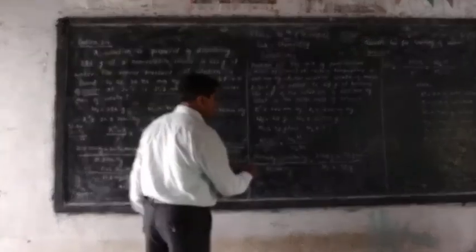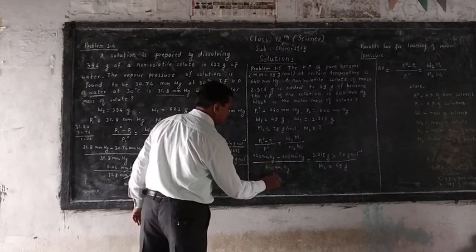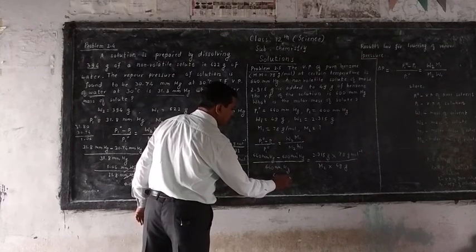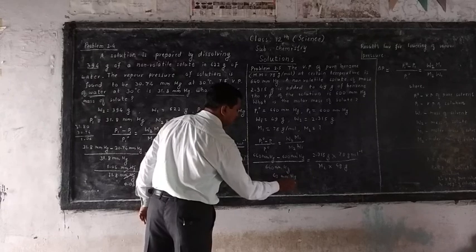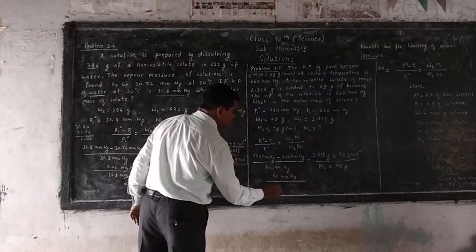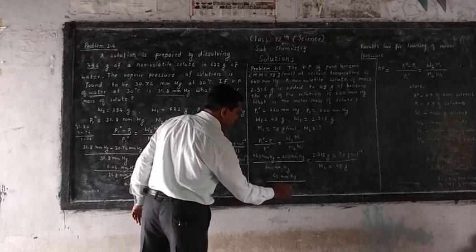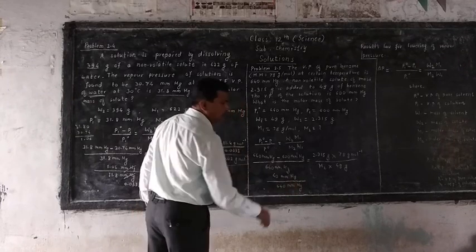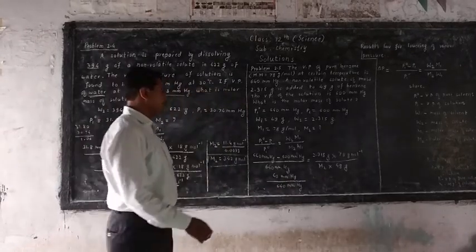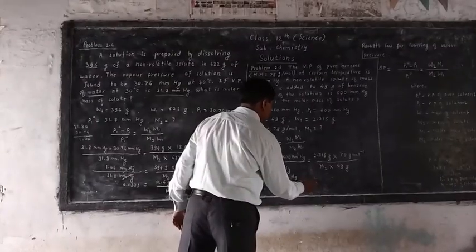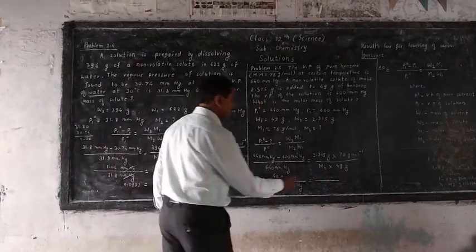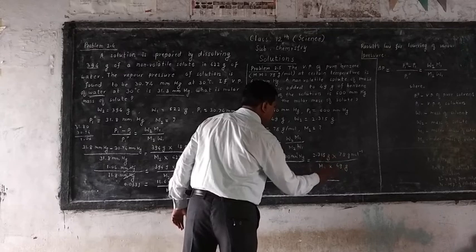So 640 minus 600 is simply 40 mm of mercury. The units will get cancelled, mm of mercury and gram also.